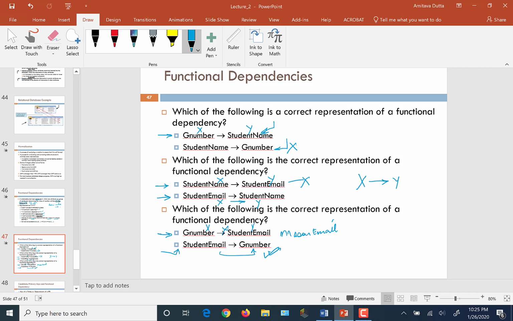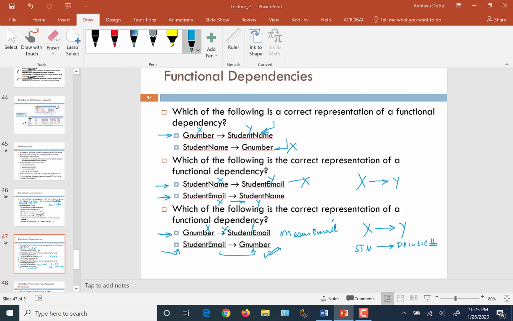All these examples that we have gone through are an attempt to show you what functional dependencies mean, how they are written, and the fact that it's directional. When we say X functionally determines Y, the reverse need not be true. Sometimes it is. For example, if we say SSN and driver's license number, we know that each person, at least in the US, has one social security number and one driver's license number.